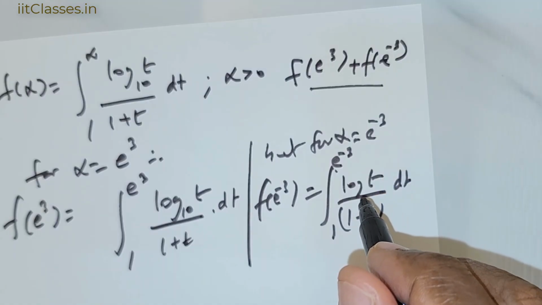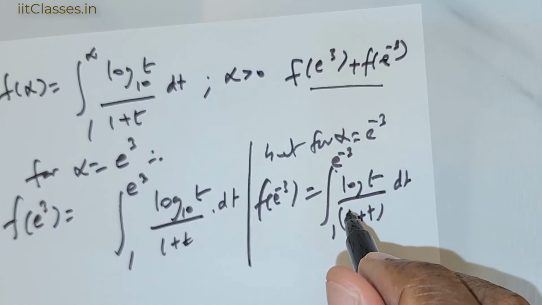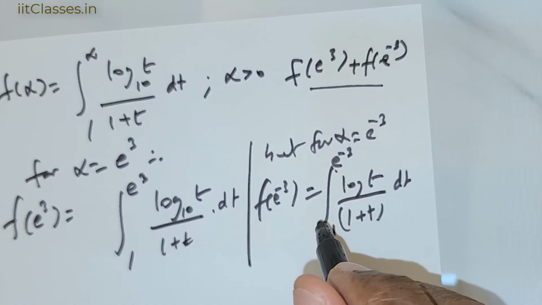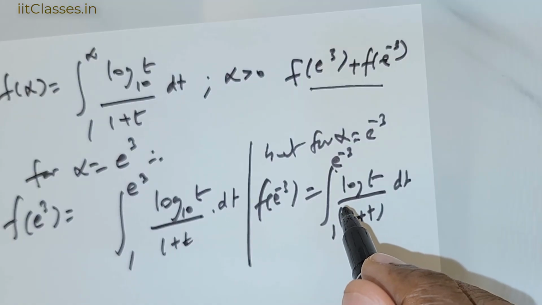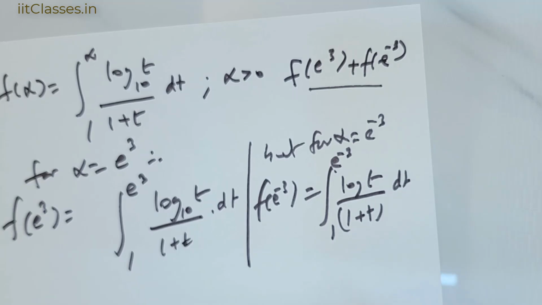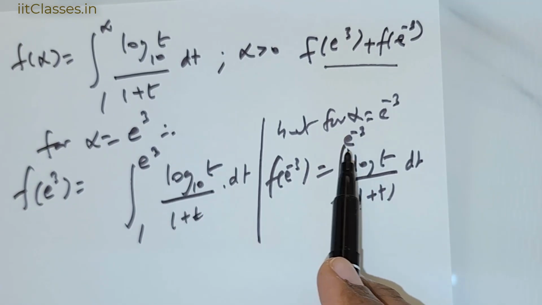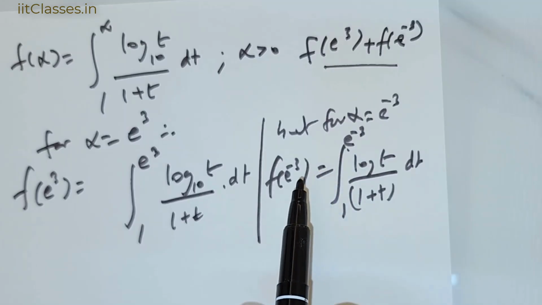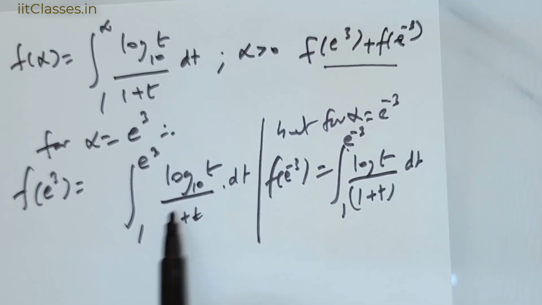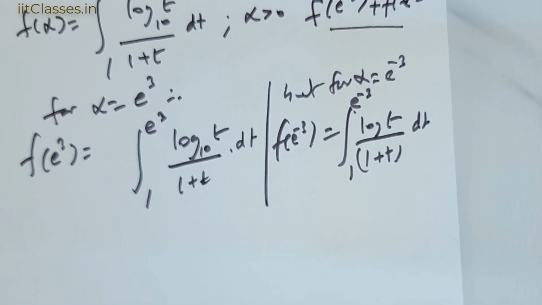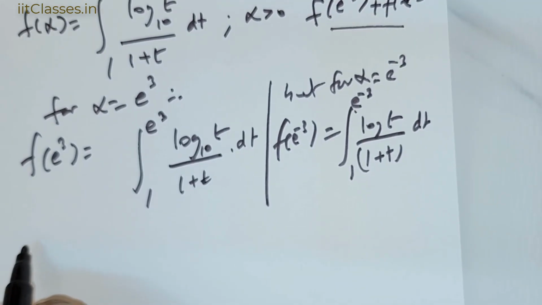And above all, this will pose an issue for us. So what I'm trying to do here is ensure that the limits are uniform in both. So how do we do that?